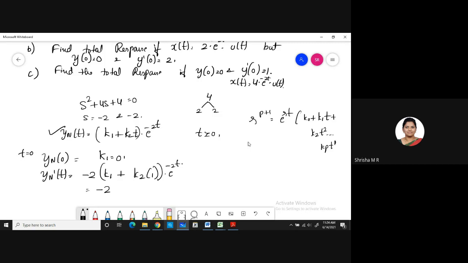If you multiply, you have -2 k1, -2 k2 into e power -2t. Yes or no?